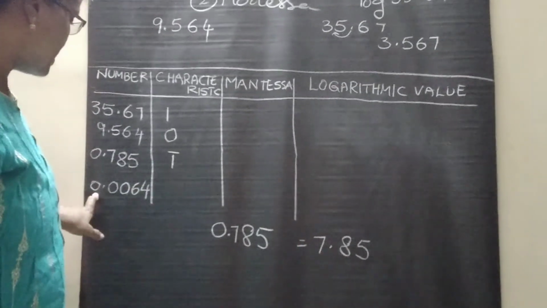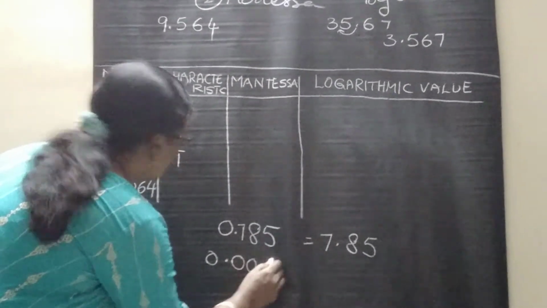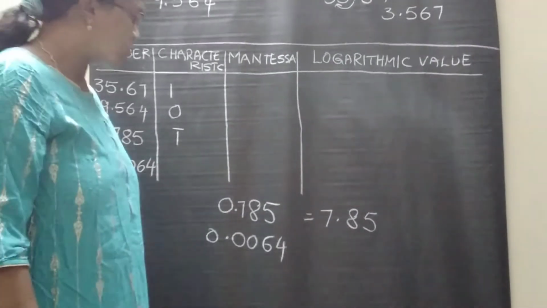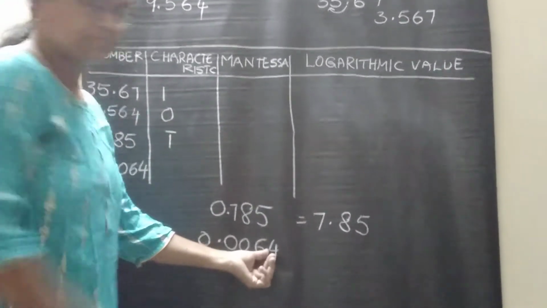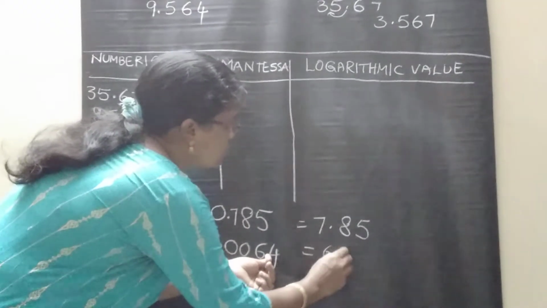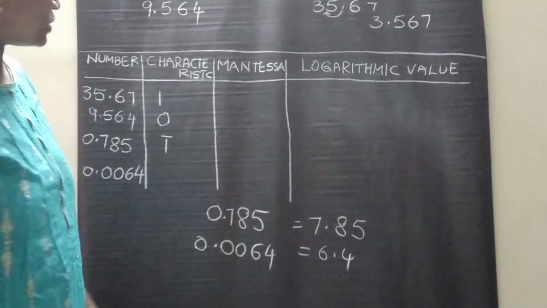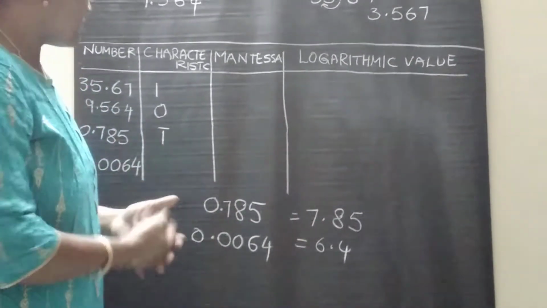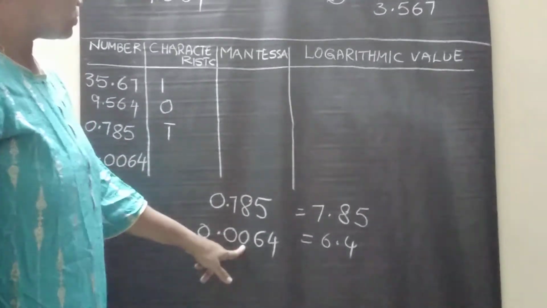And next, 0.0064. We have to put the decimal after 6, that is 6.4, in scientific notation. After how many digits did we move the decimal point? 1, 2, 3.